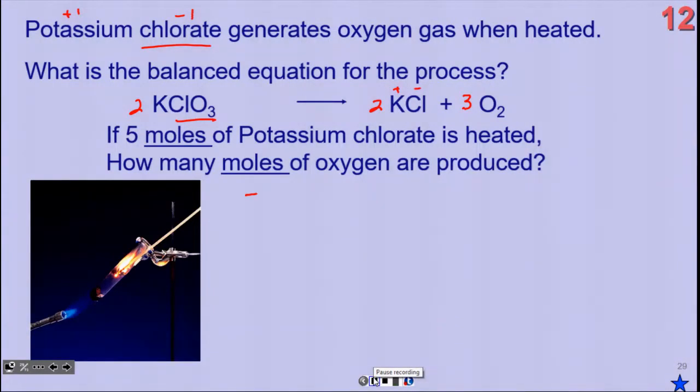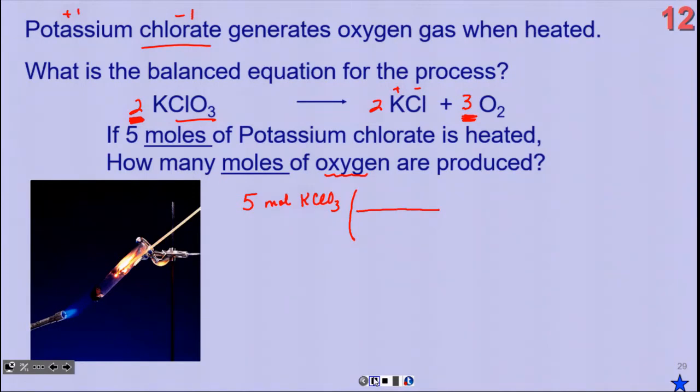So if you start with 5 moles of KClO3, potassium chlorate, and we're looking at oxygen as the product in proportion to it, how many moles are going to be produced? We'll look at the coefficients in the balanced equation. So the 2 on the potassium chlorate and the 3 on the oxygen is what tells us the proportion in which they react.